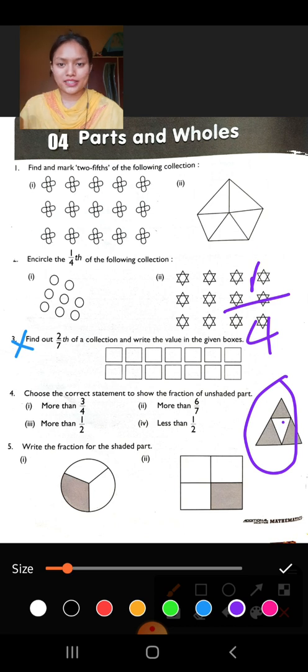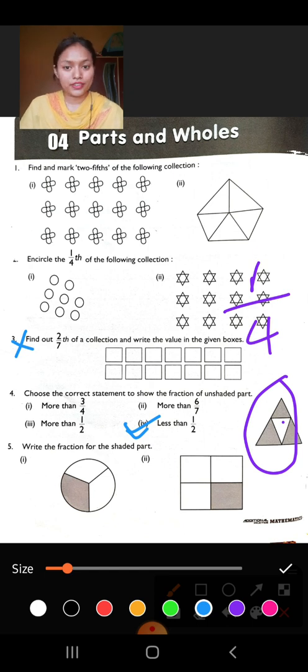Quarter is always less than half. Quarter means 1/4. 1/4 is always less than the half. Yes or no? So we have to choose the options. First option is more than 3 upon 4, more than 6 upon 7, more than 1 upon 4 or less than 1 upon 2. It is less than 1 upon 2. Fourth option is correct in this one.